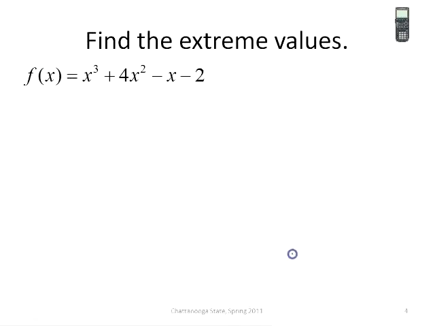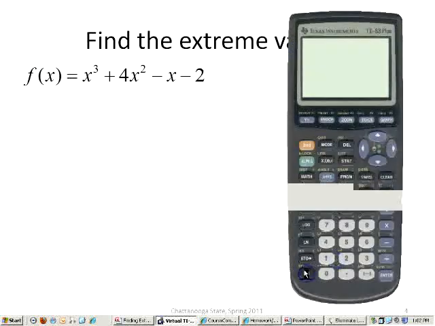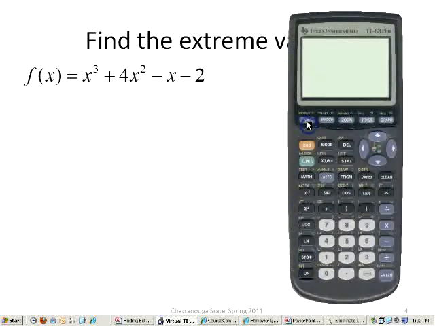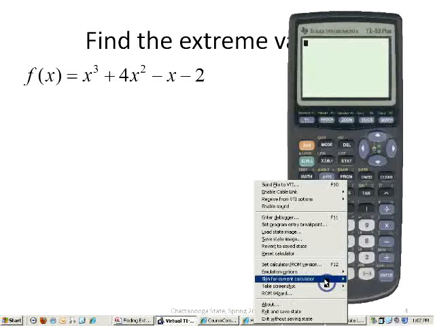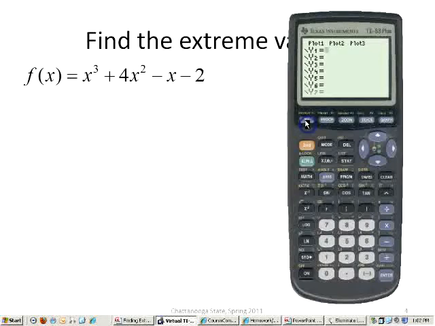Now here's one where we are not given a graph, which means we've got to put it in our calculator to find out this information. So let me enlarge my calculator, turn it on, and go to the graph. y equals x raised to the third power plus 4x squared minus x minus 2.